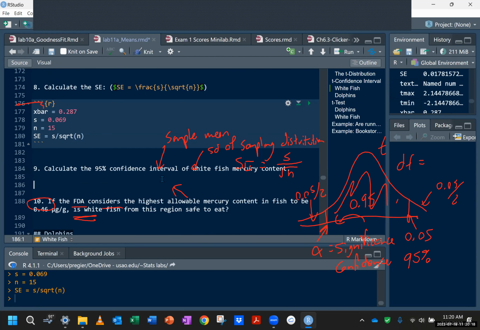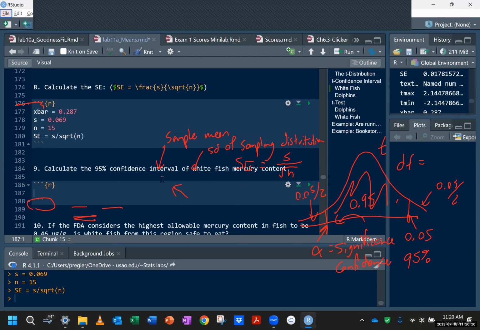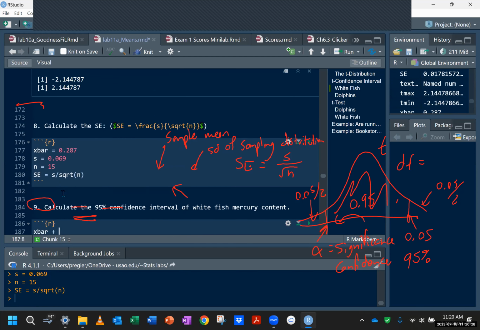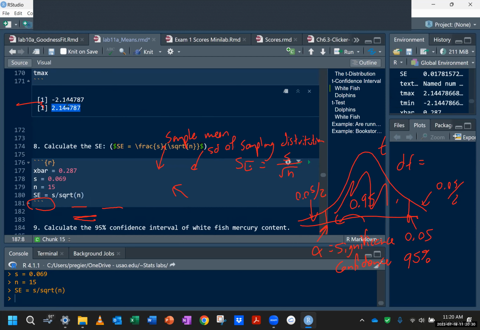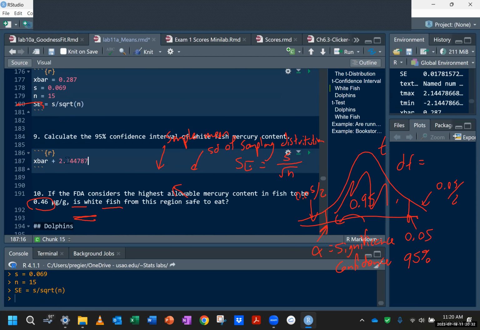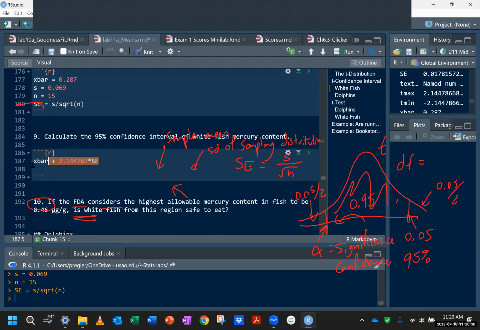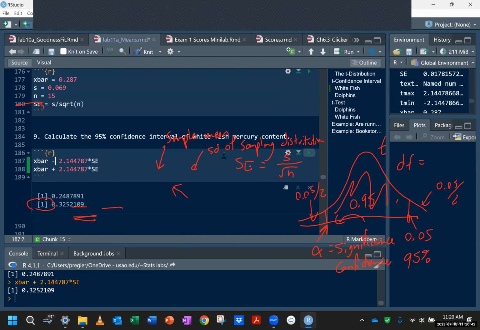And once we have that, we just use our formula. X bar plus or minus the t value we found, which is that. That's how far we have to go to the left and the right to get 95% of the data. There's our 95% confidence interval.